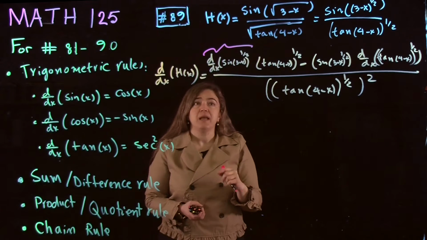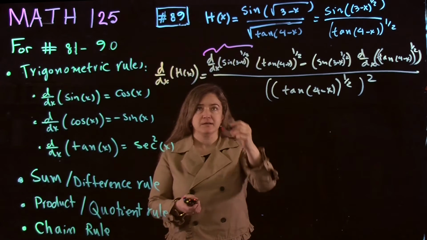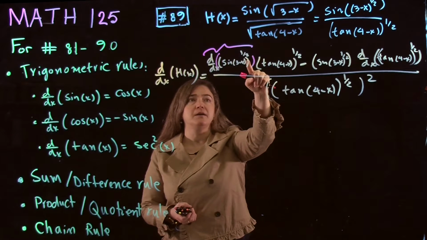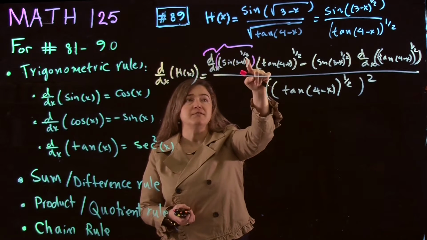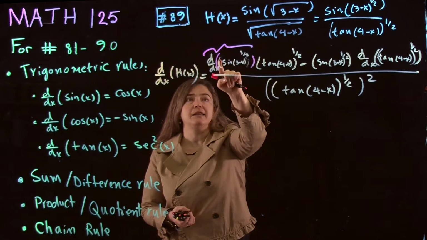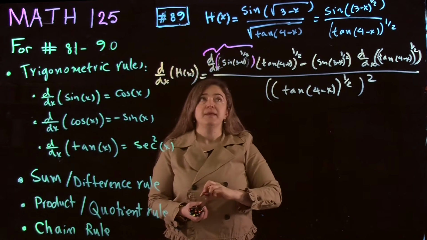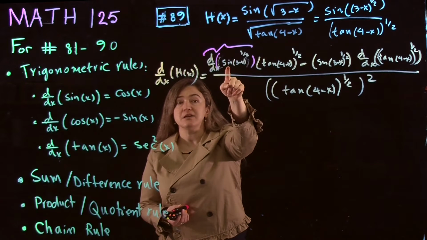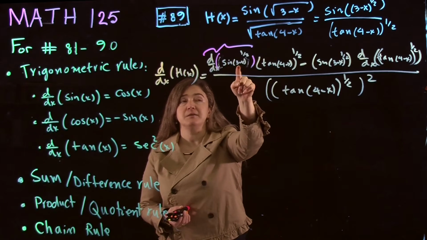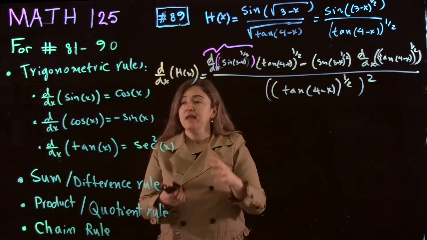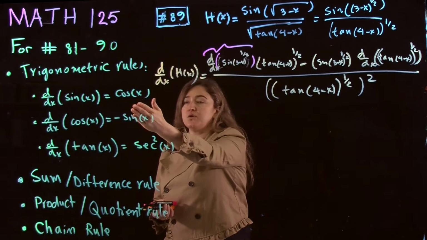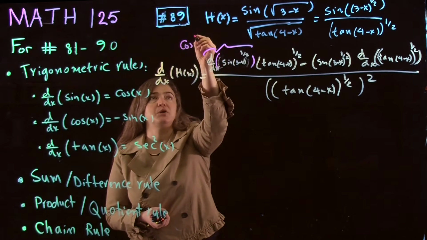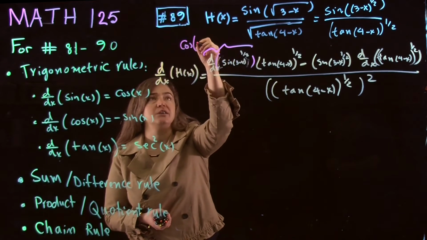Here, when I'm looking at this derivative, there is the outside function and there is the inside function. Outside function is sine. Inside function is (3 minus x) to power 1/2. Derivative of sine is cosine, so I write down cosine, and I put the inside unchanged.